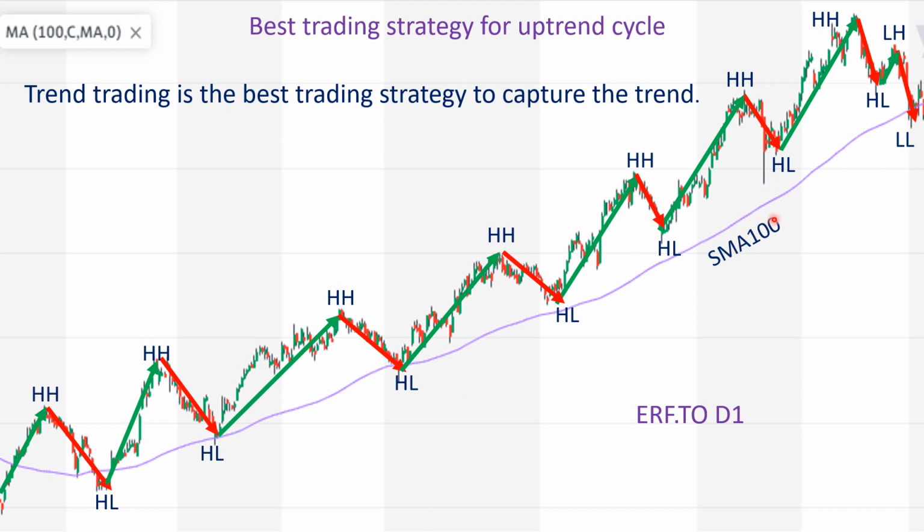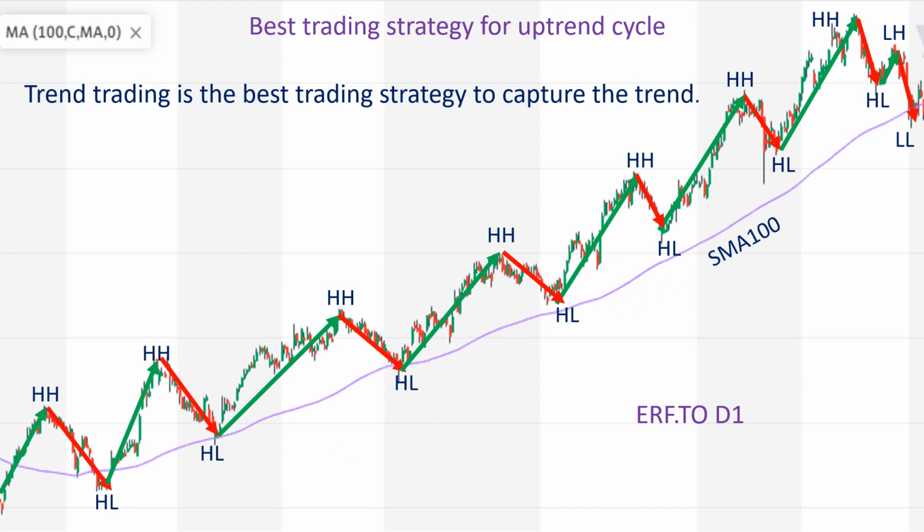I draw a simple moving average with a 100-day period; you can use SMA 200 or SMA 50, or other market structures like trend lines and Fibonacci levels, and there are many more, but it is up to traders to decide which market structure they use.